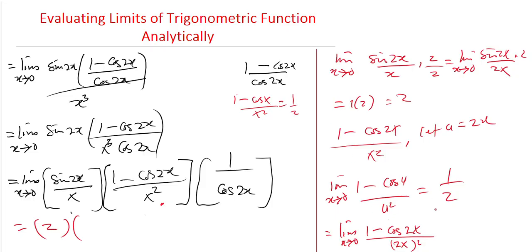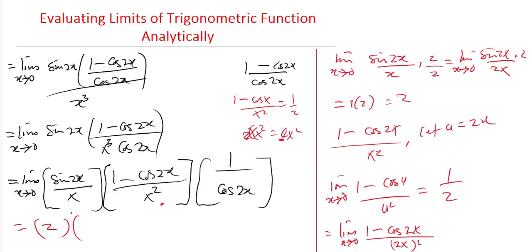But here we are having 2. So to make this standard form, we just multiply the top with what is the coefficient here. The coefficient at the bottom is already 4 because 2x squared, sorry, is 4x squared.